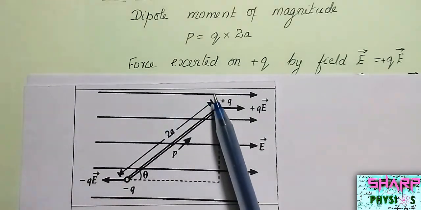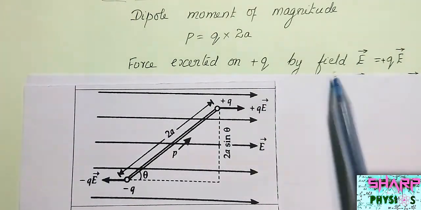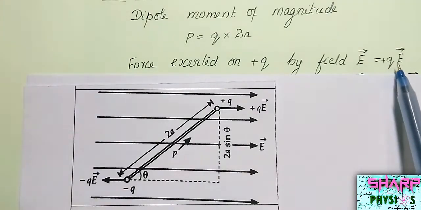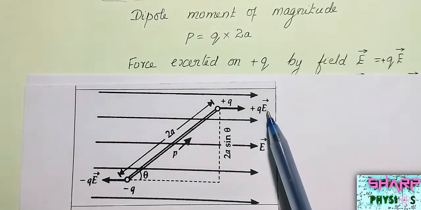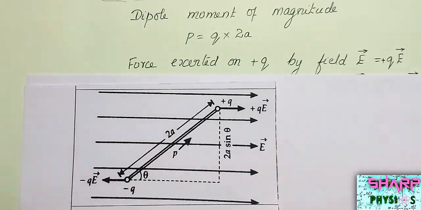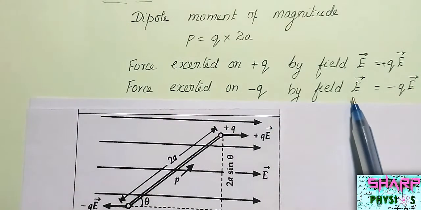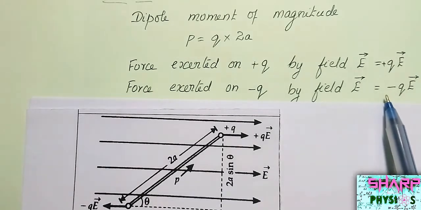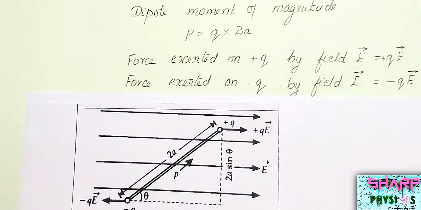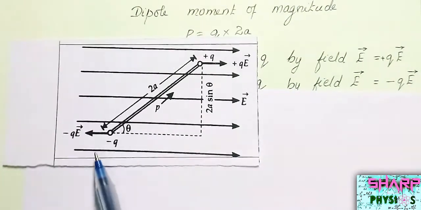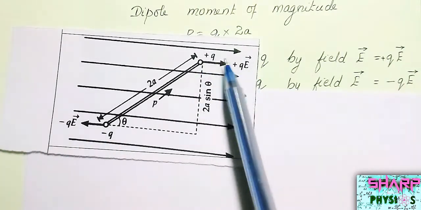So the force exerted on positive Q by an electric field is equal to plus Q E. So the force applied is charge into the electric field in this direction. Similarly, the force exerted on the negative charge by the field E vector is equal to minus Q E vector, that is in this direction.